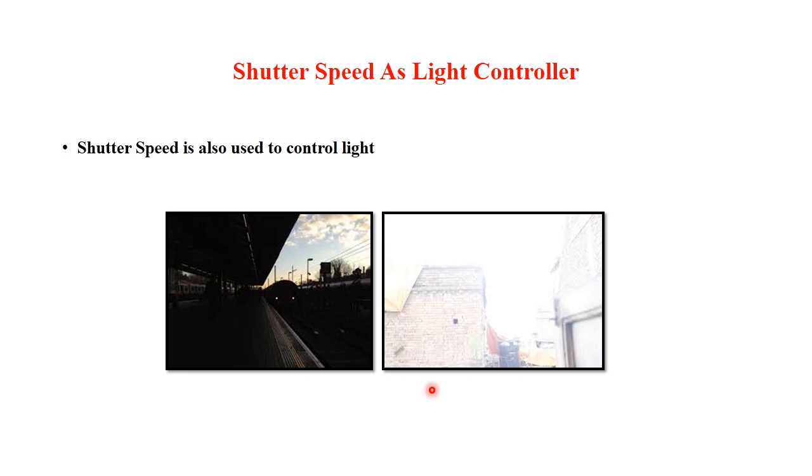We need to have proper images, and in that case the shutter speed comes and plays its important role. If there is a minimum amount of light, if we are shooting at evening time, we will decrease the shutter speed to 1/40 or 1/30.